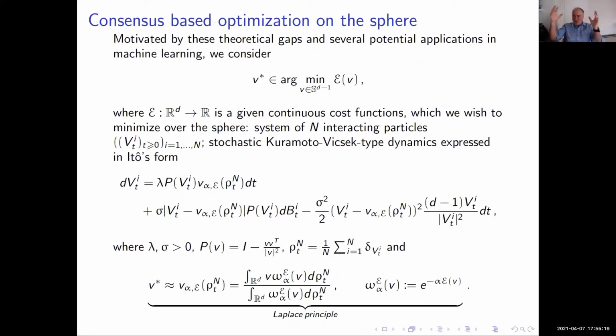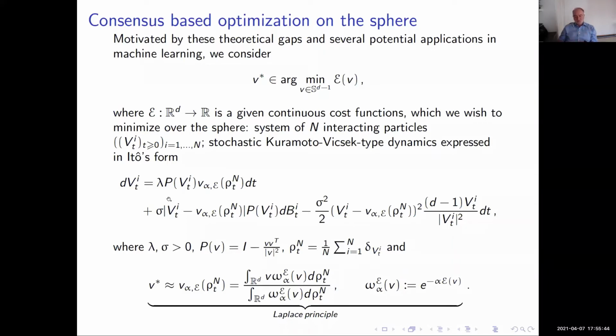And since the particles are on the sphere, this point does not lie on the sphere. This point actually lies inside the sphere. Okay, this point is a sort of, if you want, a proxy for a global minimizer. Unfortunately, it's a proxy that lies inside the sphere.